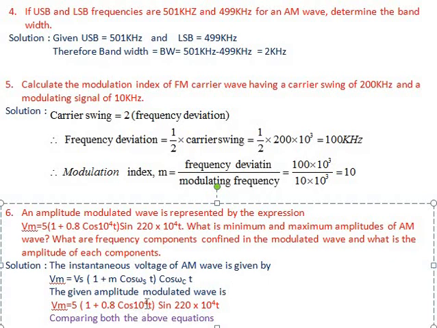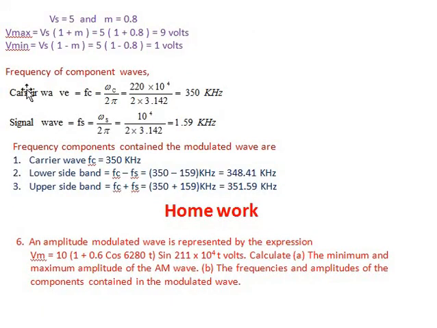It is equal to 10 raised to 4. And carrier frequency omega c, when you compare this, is 220 into 10 raised to 4. Okay, so you remember this thing. So we will solve this problem very easily. Vs is equal to 5 and m is equal to 0.8.